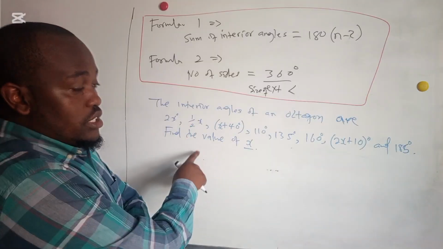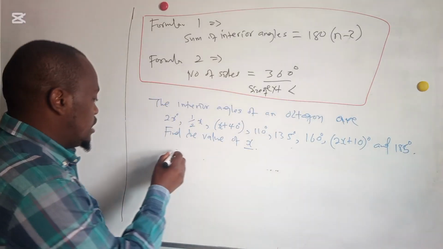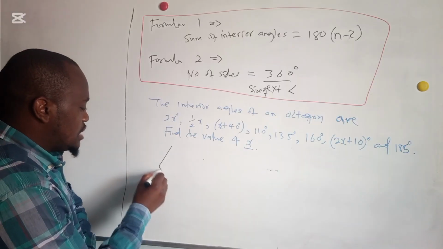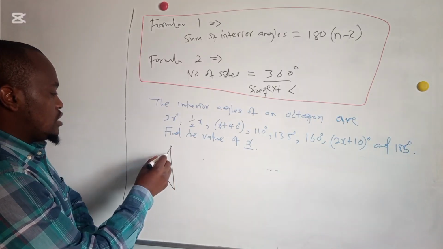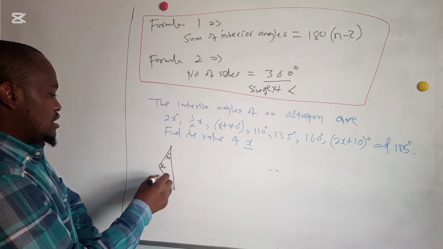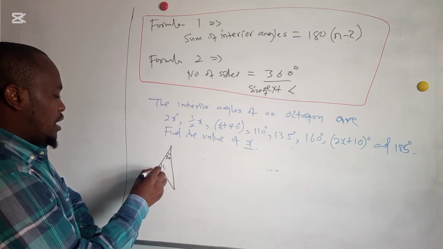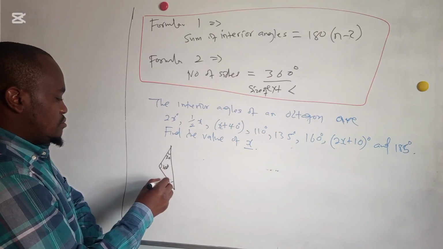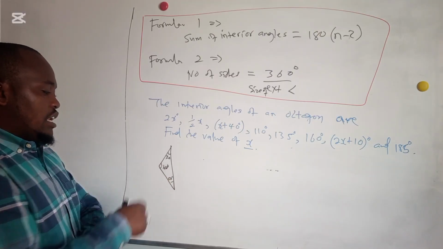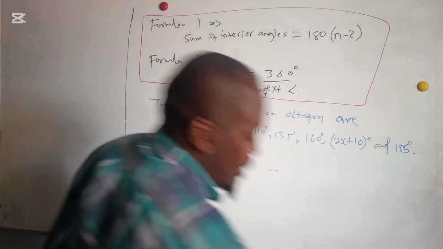Now, this question is special. It is not regular. Note that the polygon, even a triangle, doesn't have to be equal. You could get this is 30 degrees, this is 60, and say this is 100 degrees, and this could be 50 degrees, so that when you add up, they give you 180.